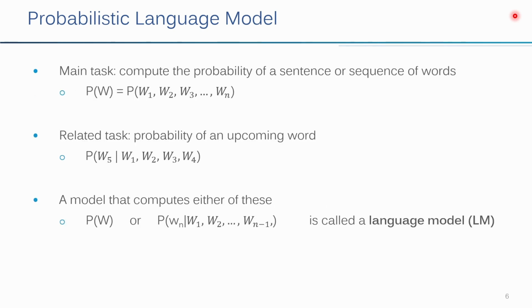Okay? And how does that look for us? The main task is to compute the probability of a sequence of words. So in this case right here, we want to know the probability of a given sequence, so the probability of all the words occurring in a given order. And then also another related task, we want to calculate the probability of a given word given a specific span that we have.